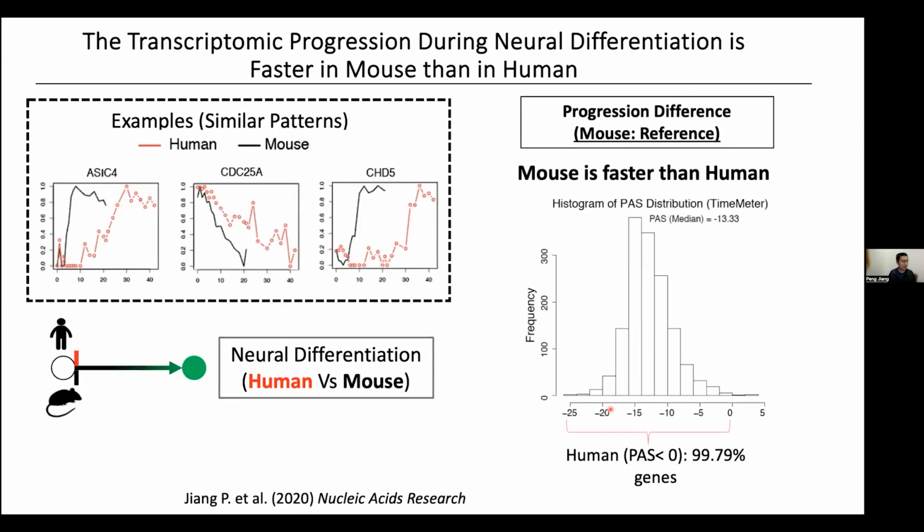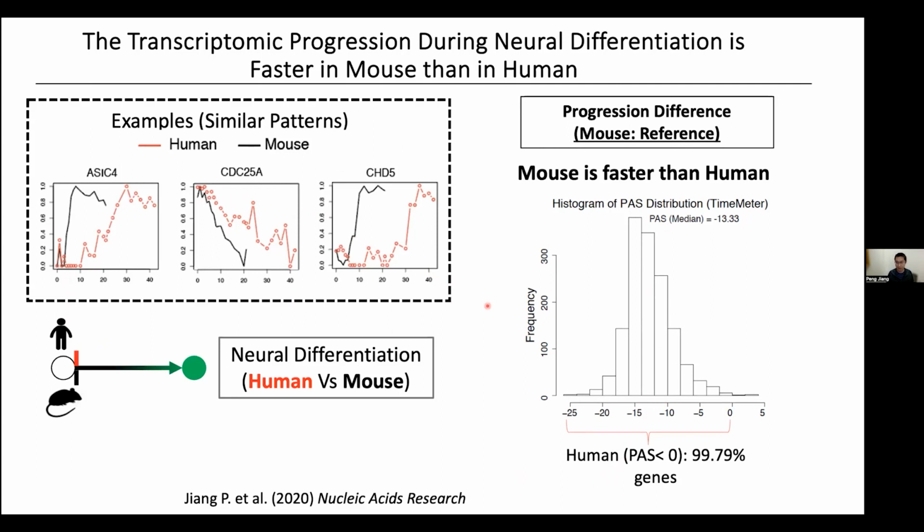Not surprisingly, when we calculate the PS score, the human is way slower than the mouse. However, every gene shows a different pattern. Basically, for about 99% of genes, human gene expression is slower than mouse. Here are some examples. This is consistent with the morphology data.